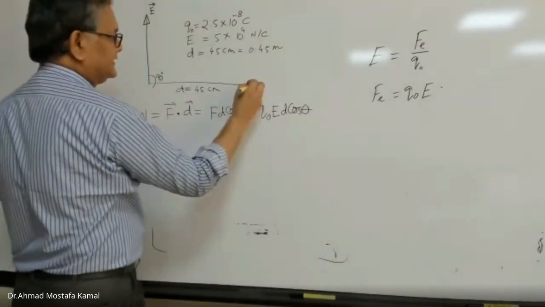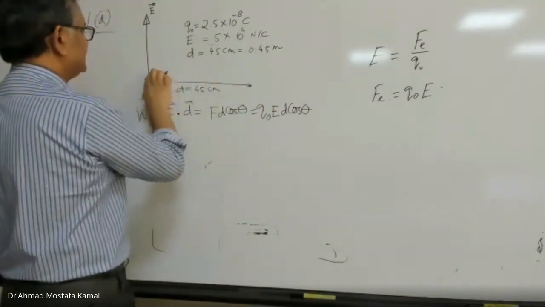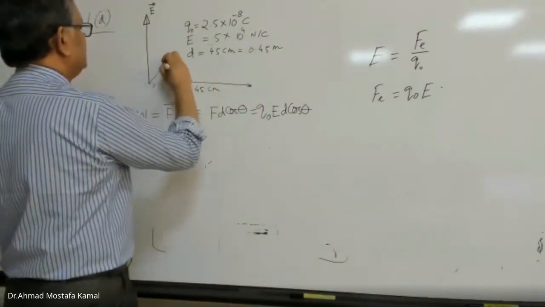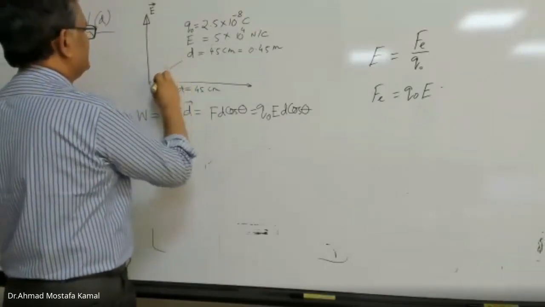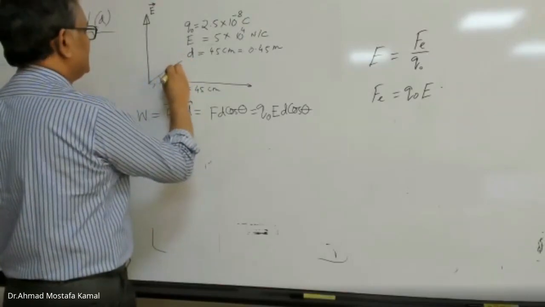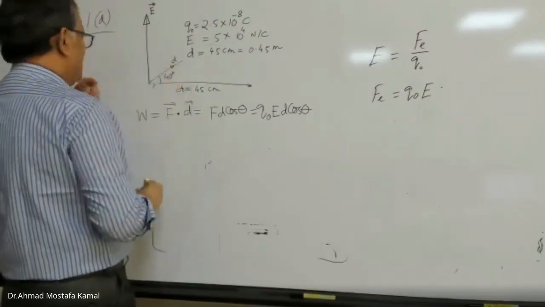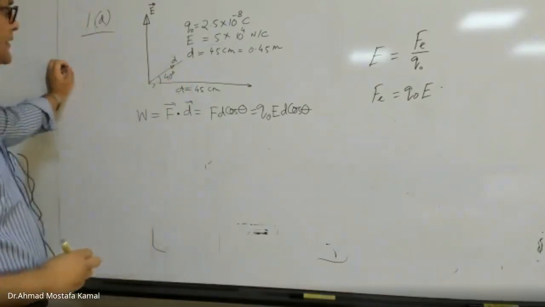This is the x-axis, the horizontal axis, and the charge is moving at 40 degree from the horizontal. This is the direction of the charge movement, the displacement of the charge.